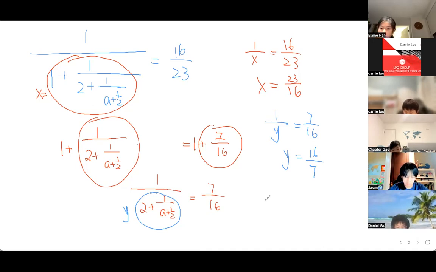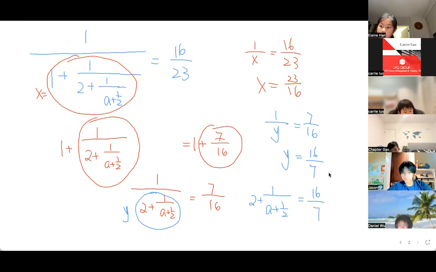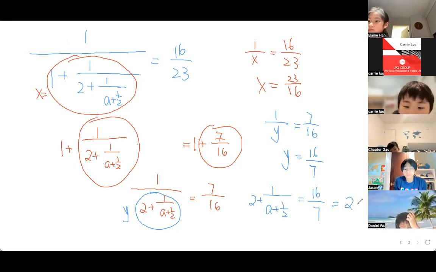So I can just write it as 2 plus 1 over a plus half equals 16 over 7. Correct? So 16 over 7, Oliver, equals what? Equals 2 plus 3 over 7. Correct?